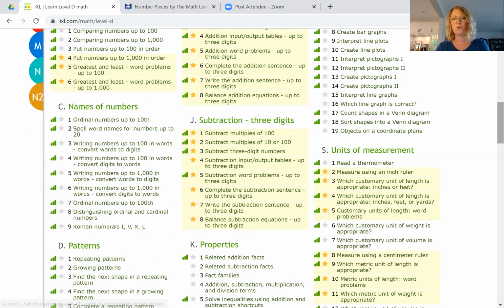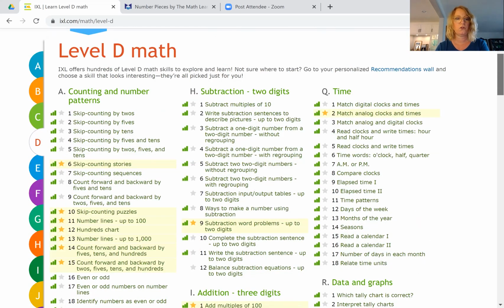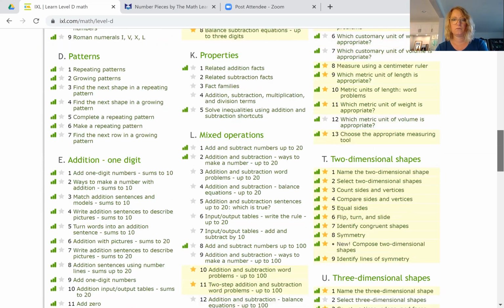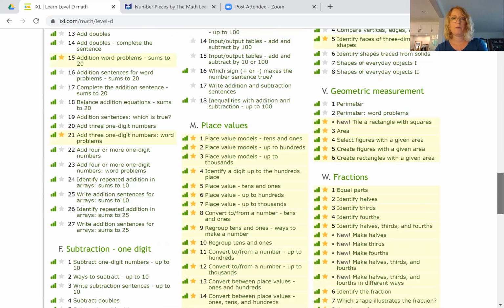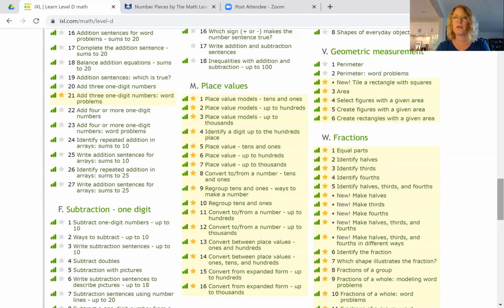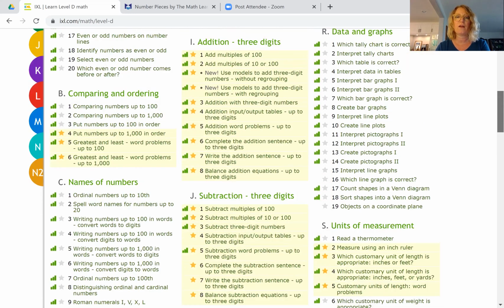And then if you truly run out of things to do, then you can move over to M, and work on your place value as well. So that's the homework for this lesson: IXL level D math sections I, addition 3 digits, and J, subtraction 3 digits.